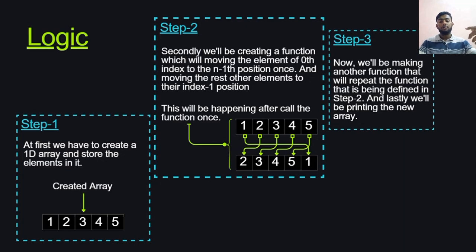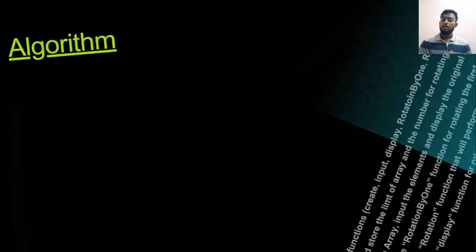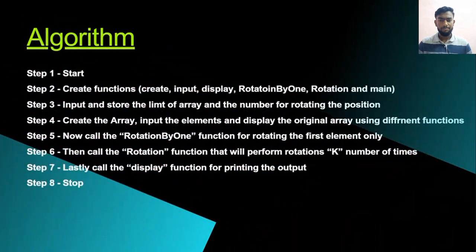So I will be making another function which will call the function mentioned in step 2, and it will be called k number of times, and then I will be printing my final array. So here's the algorithm behind it.